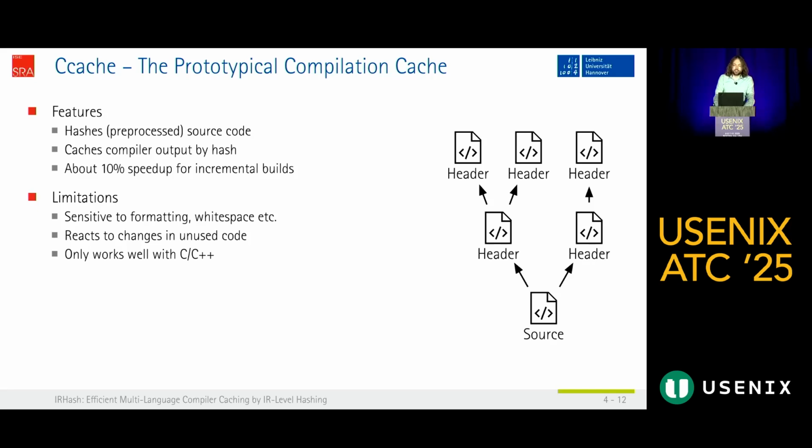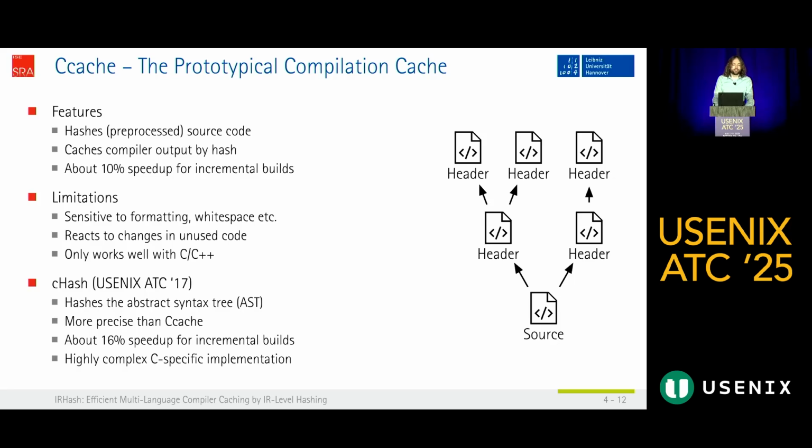So these are problematic limitations, and therefore colleagues of mine at USENIX ATC 17 introduced cHash, which works quite similarly, but instead of hashing the source code, they hash the abstract syntax tree, the AST. The approach is more precise than Ccache and amounts to a speedup of 16% for the same test that we did with Ccache.